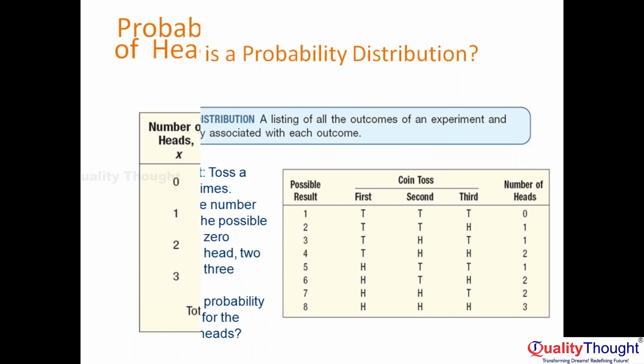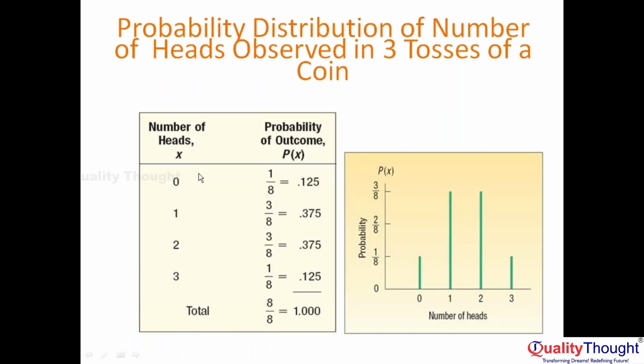The probability of getting 0 heads is 1 by 8. Why? Because one time you will get no heads at all across three different chances or three different events that you are going to conduct. The probability of getting one head, three times you can get one head, so 3 divided by 8.